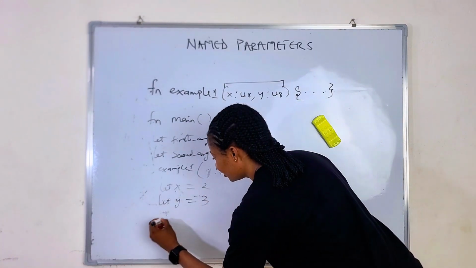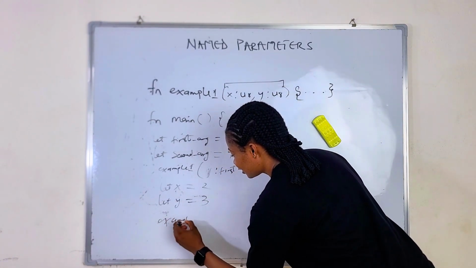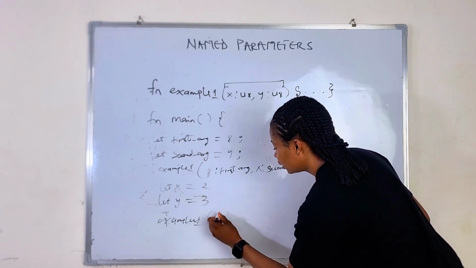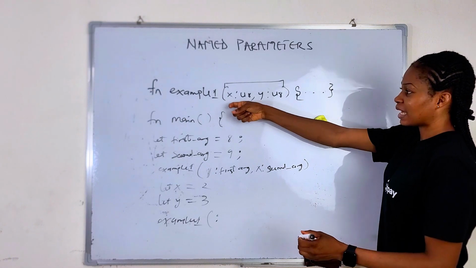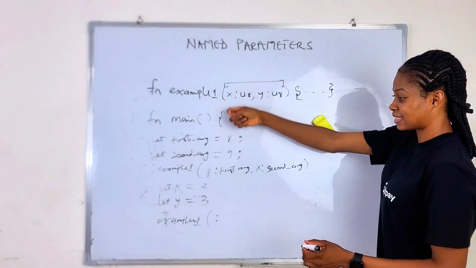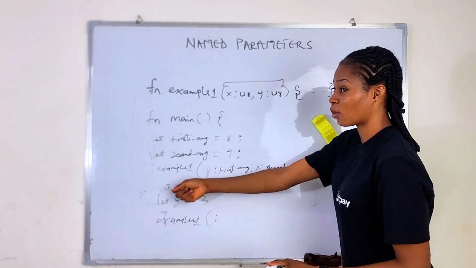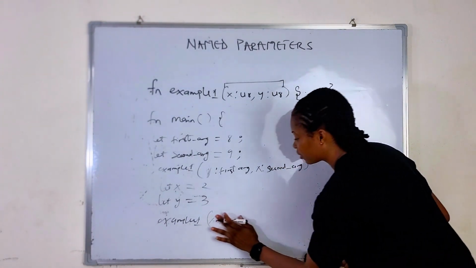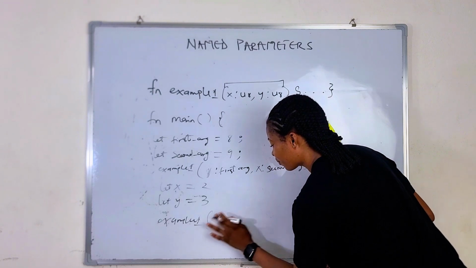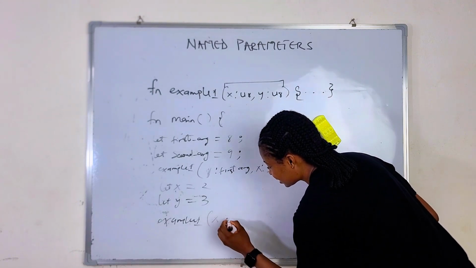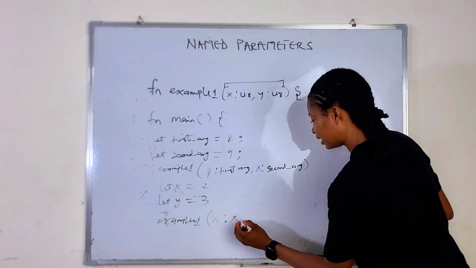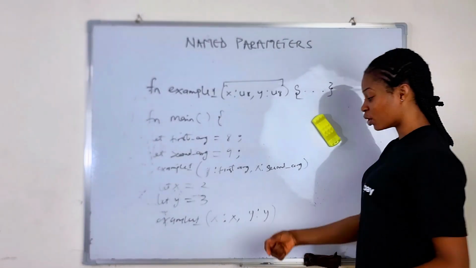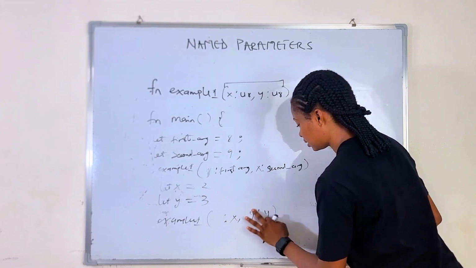So for me to call example1, because the parameter is x, and I'm having a variable here called x, instead of trying to do x: x and y: y, which is like repeating myself, I can actually have something like this.